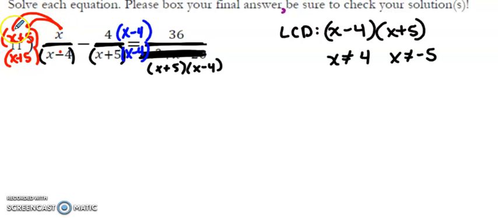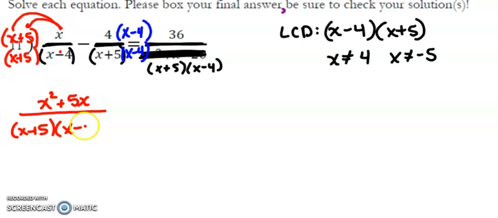So x times x plus 5 becomes x squared plus 5x over x plus 5, x minus 4, minus, when I distribute this 4x, 4x minus 16.